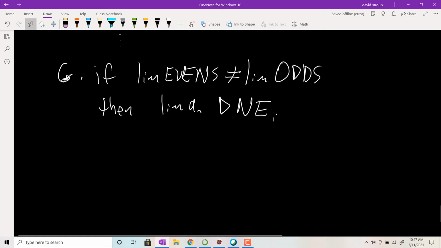I think before in Calc 1 we would just say it's oscillating. Like we had some functions like the sine of x as x goes to infinity, and you can make a sequence of values that would never converge to anything, a subsequence, and that holds true for here.